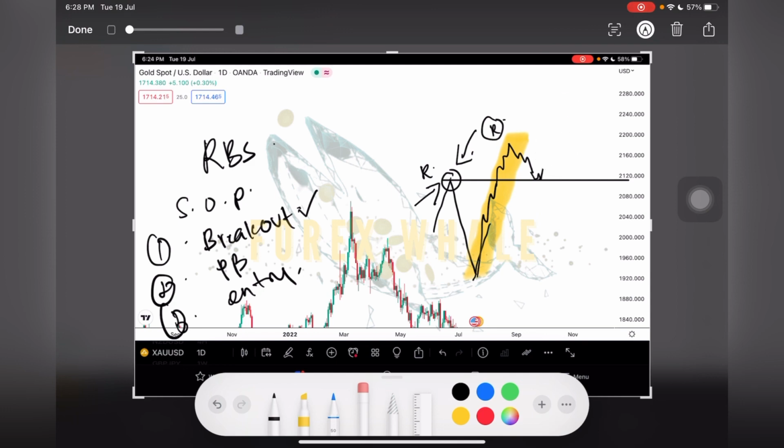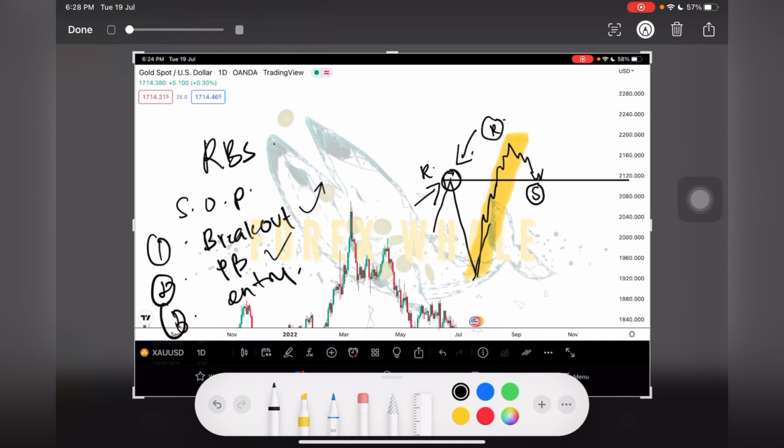The second way is to wait for the breakout, and then you wait for the pullback. So you have the breakout highlighted here, and then you have a support created on the same level as the resistance here.